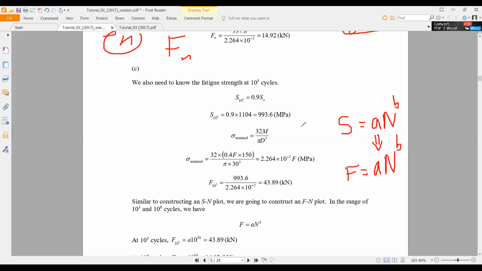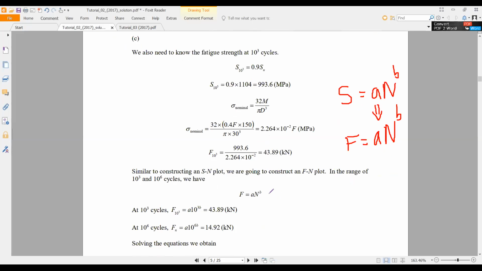If you have an SN curve, that is strength versus number of cycles. So strength also we can take from the load, isn't it? So load versus number of cycles, that means the FN curve will also give the same type of equation. So that's why they get the FN curve here.